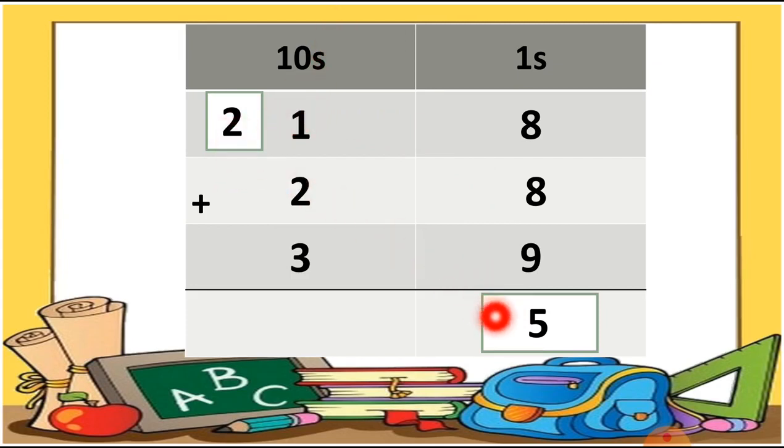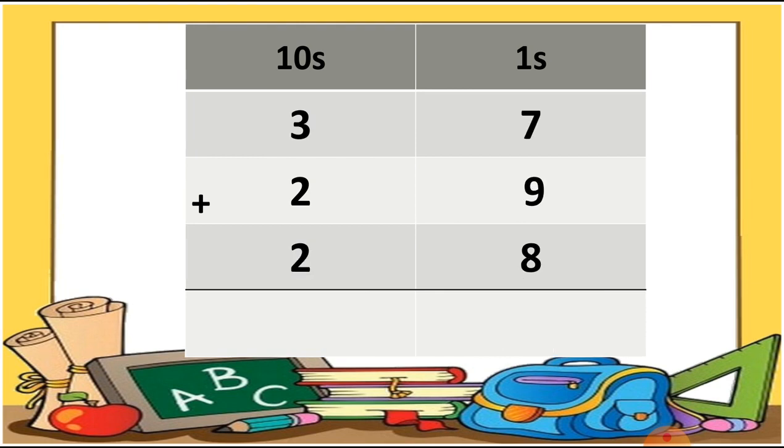Now let's add the tens column. 2 plus 1 plus 2 plus 3. These 4 numbers we have to add together at the tens column, and the answer is 8. So students, our final answer is 85. This way we can add these types of sums.